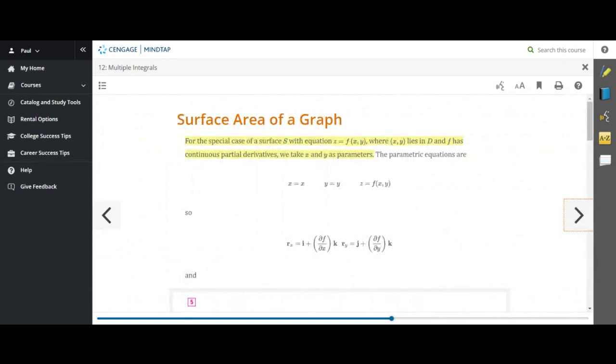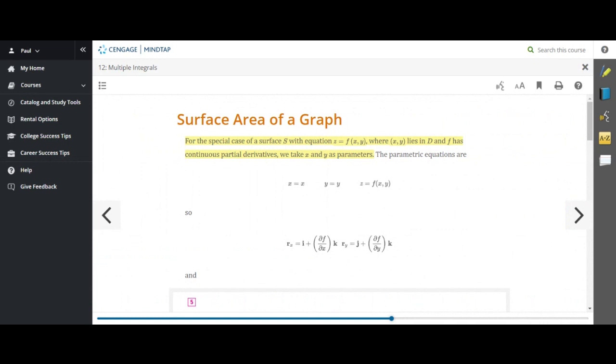For the special case when you have z equals f of x, y, the parameterization of that surface is: let x be x, y be y, and z be that function of x and y. If you then have your derivative vectors r sub x and r sub y, remember x and y are the parameters now.